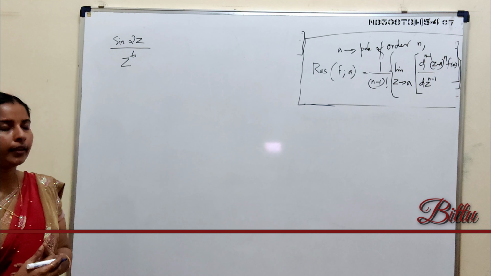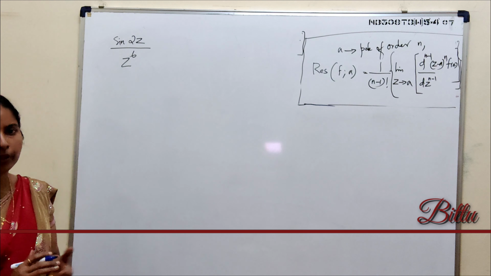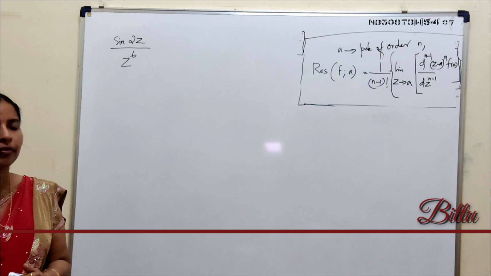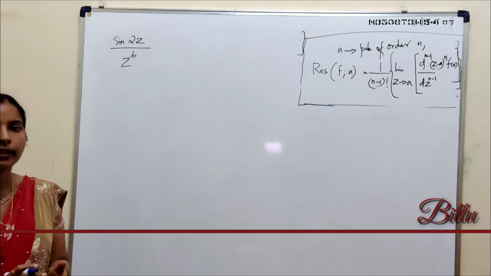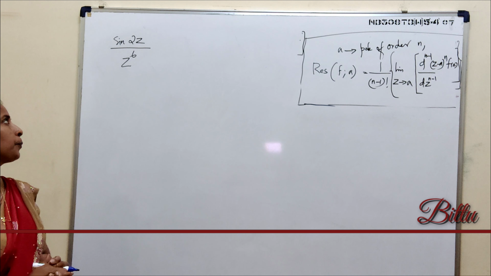Here also you can find its residue by writing its Laurent series expansion. Keep in your mind, if the function contains exponential functions or trigonometric functions, then you can easily find the residue by expressing its Laurent series expansion.